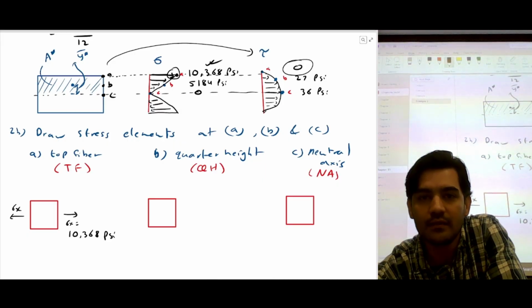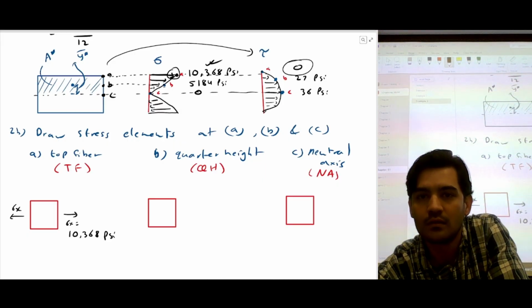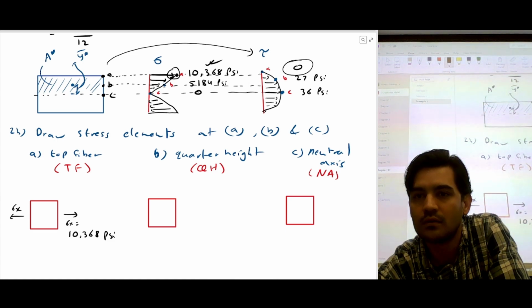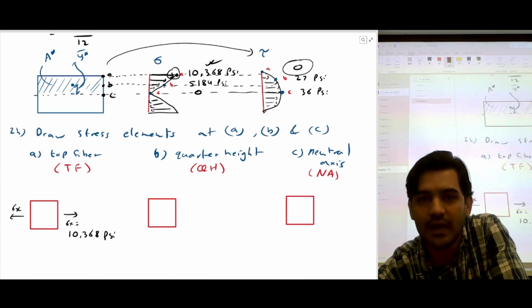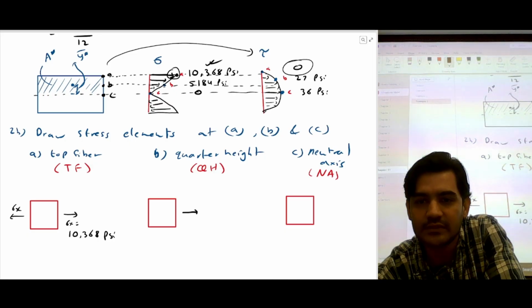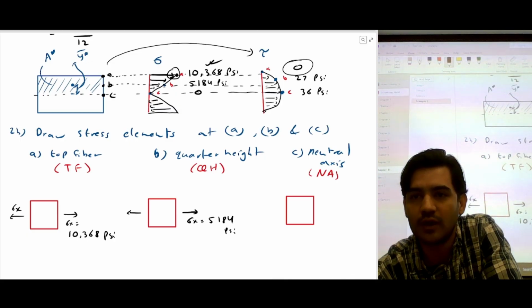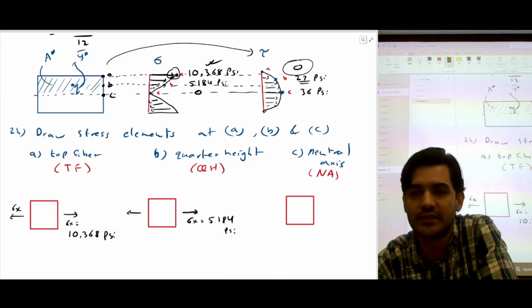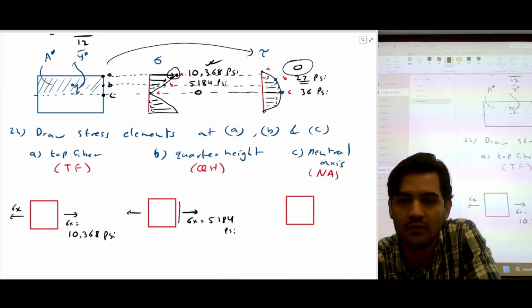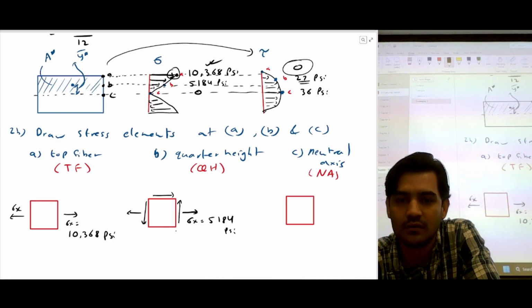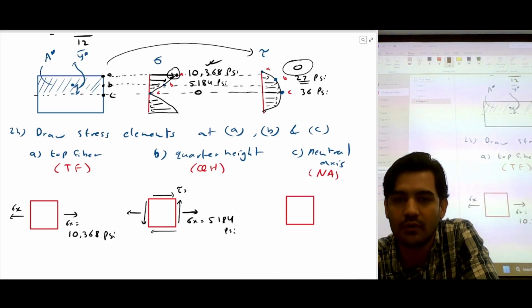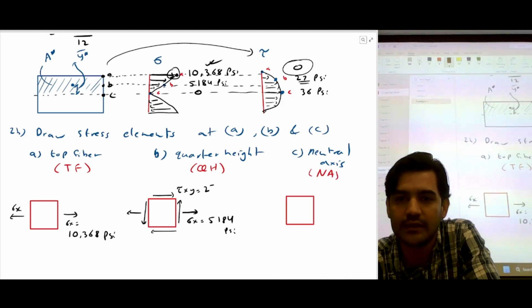At point B, our axial stresses, the normal stresses, are 5184 psi, and you also have a shear stress. So your shear stress tau xy is 27 psi.